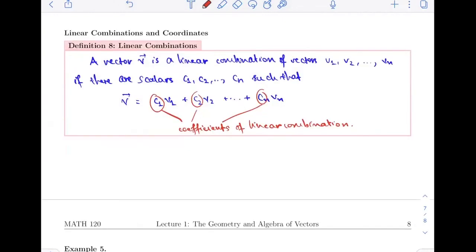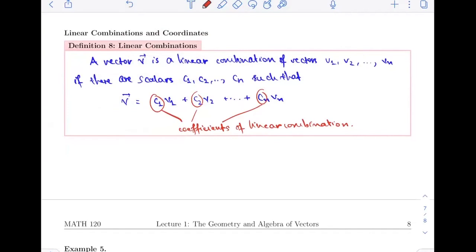This is the more general definition of linear combinations. Even though so far we just looked at two-dimensional vectors, the vectors that we're going to consider later on can be in 3 dimensions, or in 4 dimensions, or more generally in n dimensions, right?